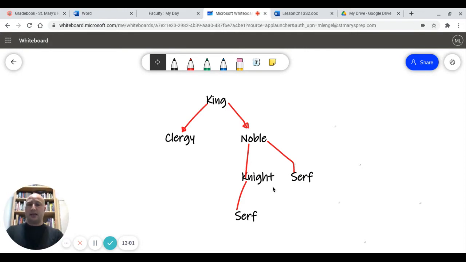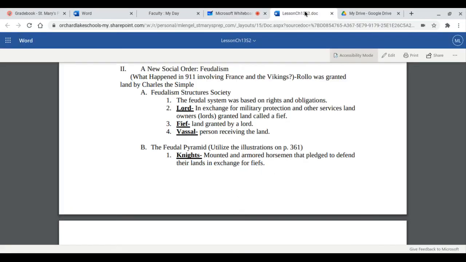And then as knights gain their own land, if they eventually retire from fighting, if they get to that age, they've served their contract, the time period that they were supposed to serve, they could also acquire serfs to work on their land, and they become basically a noble. Okay, so that's kind of what I would ask you guys to reproduce if on the next quiz I asked you to put the feudal pyramid down on paper.